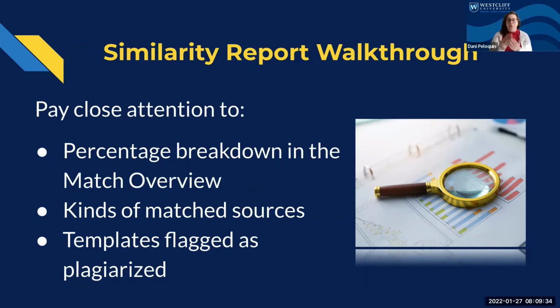In our syllabus, we provide our students with certain templates. If you're in the education department, we'll sometimes provide a lesson planning template, and the Writing Center provides various kinds of templates. So I want us to look at the paper through the lens of a student and think, is this part of the actual template that I was given, and that's why it's being flagged for plagiarism? Or is this actually my work that's being flagged for plagiarism?